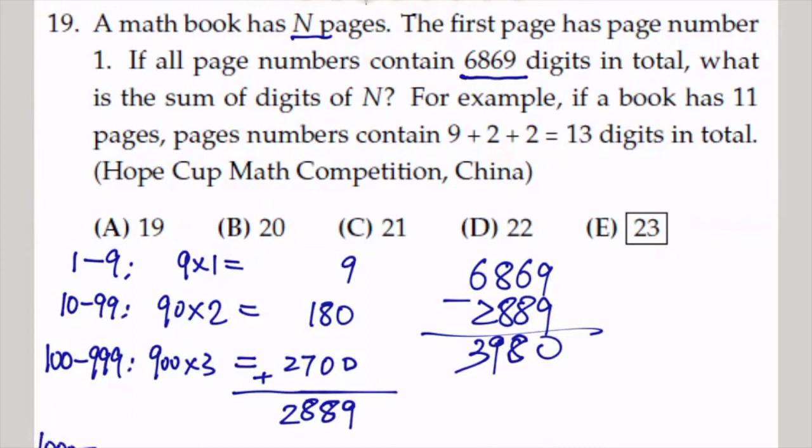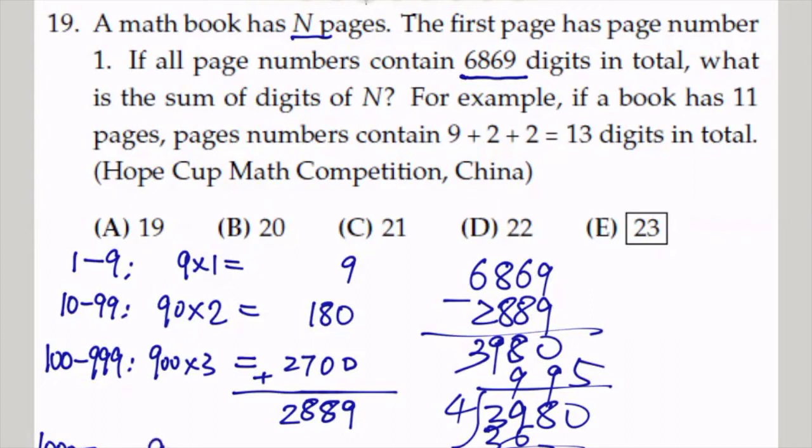And how many pages do we need? Each page has 4 digits. 3980 divided by 4 is 995. We need 995 pages.